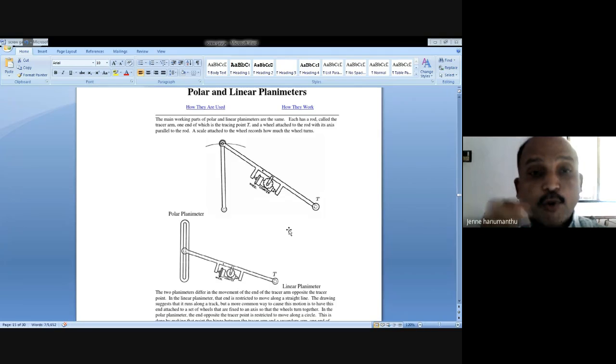But the problem is for irregular shapes, irregular graphs, for example, a sine wave.